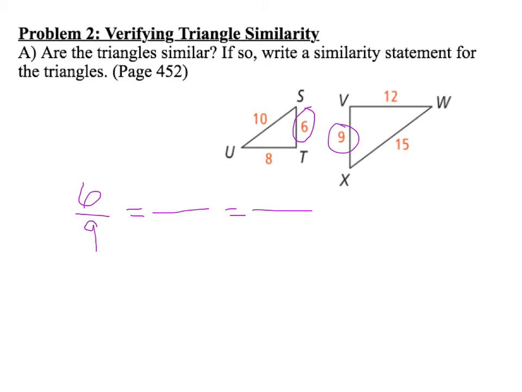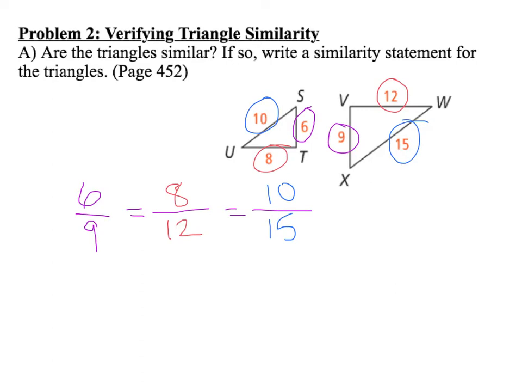Then the middle numbers, 8 to 12. And then last, our largest numbers, 10 to 15. You have to go in the same order, so I went smaller triangle to larger triangle each time: 6 to 9, 8 to 12, 10 to 15.